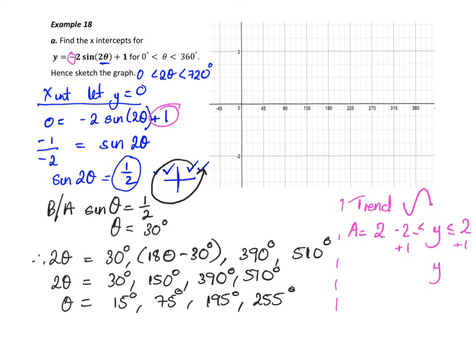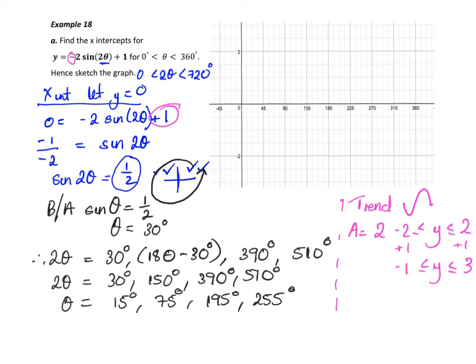So y now is actually between minus 2 plus 1, which is minus 1, and 2 plus 1, which is 3. My amplitude is still 2, but my graph has now moved up, and we're going to do our guidelines in a minute. There is no x translation there, so I'm pretty much ready to go and graph.